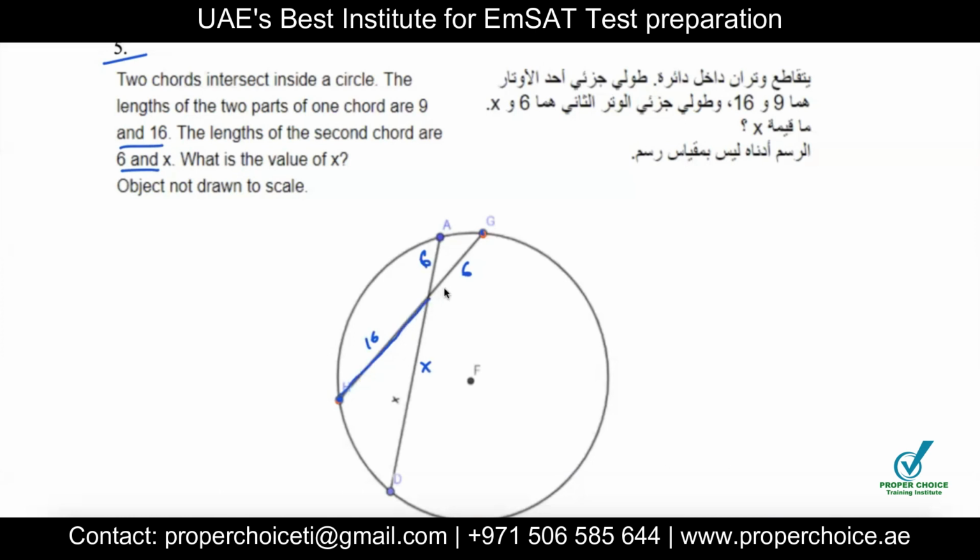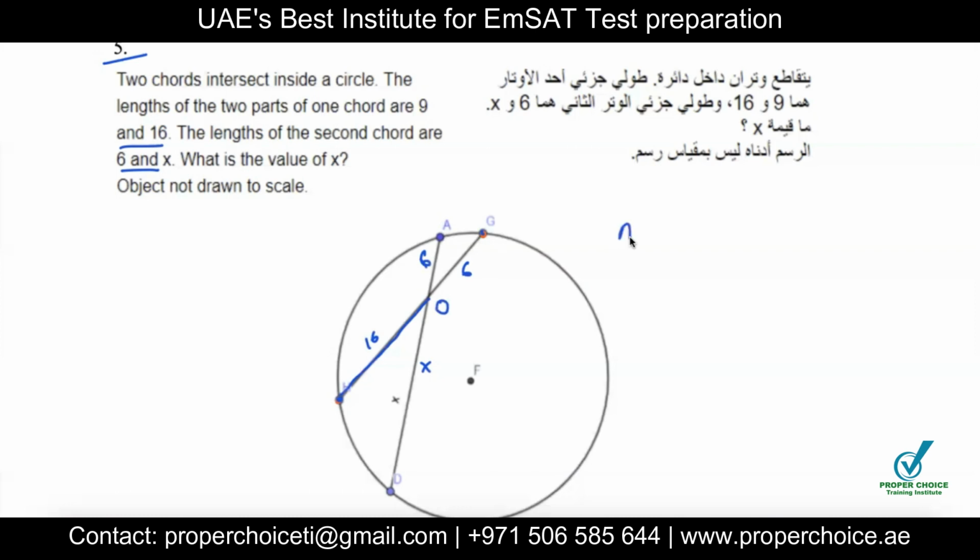Let me say these lines are intersecting at the point called O. Generally, the length of the side HO times OG should be equal to AO times OD. This is the formula for the chord, to find the missing segment of it.